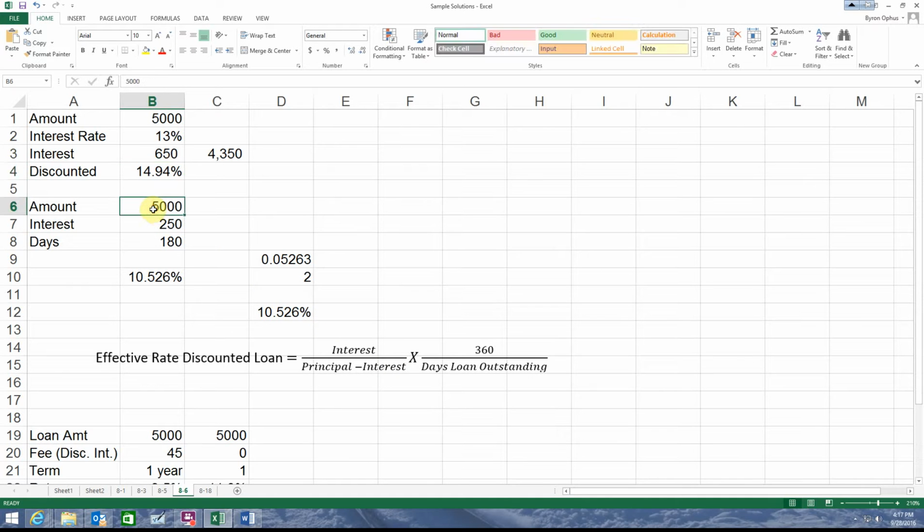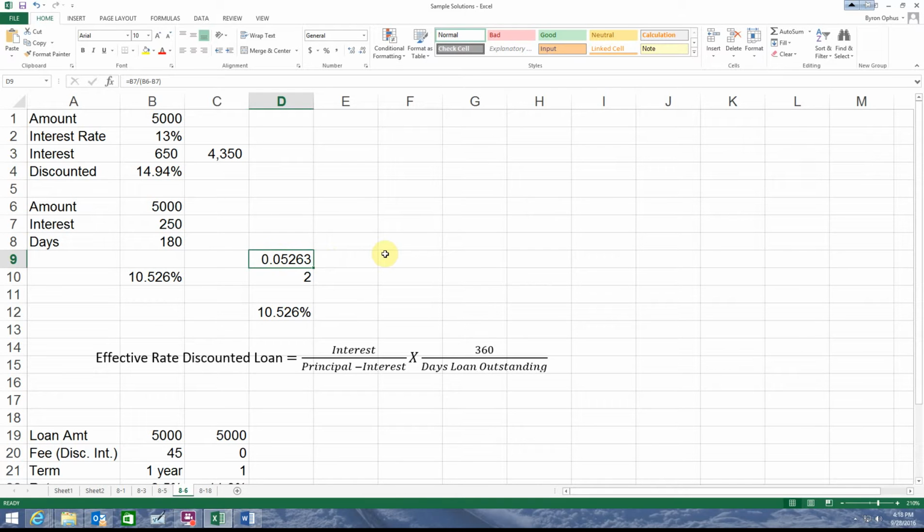But in this case I said, what if we borrow $5,000 and we're going to pay $250 in interest, and we're going to have it out for half a year, or 180 days. First I've got to figure out my interest divided by my principal minus my interest, kind of like what I did up there.